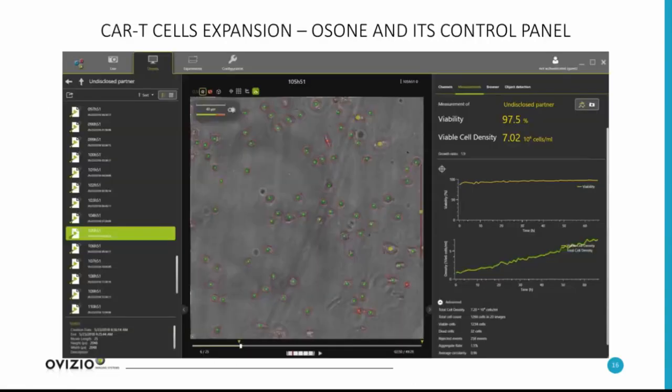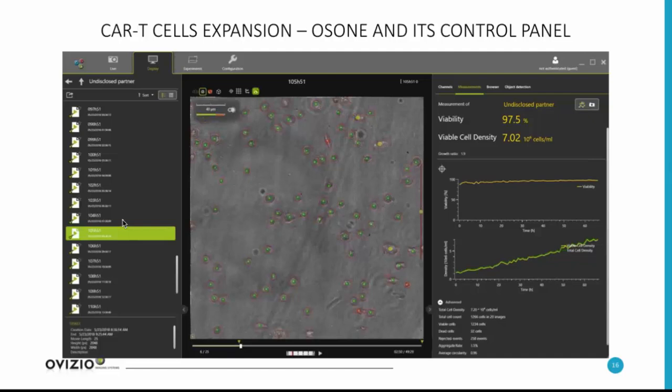So this is how the software looks in OsOne with the control panel. What you see on the left side is all the data points at different points in time, which are different images, of course. In the middle, you see the images generated by the ILINE F microscope. The images in this case are color-coded, where green means viable cells, red means dead cells, and yellow means small cell aggregates.